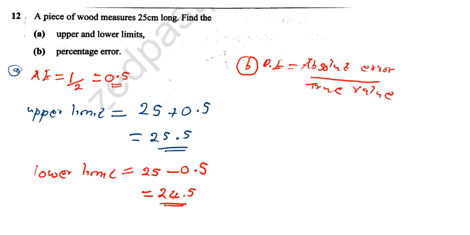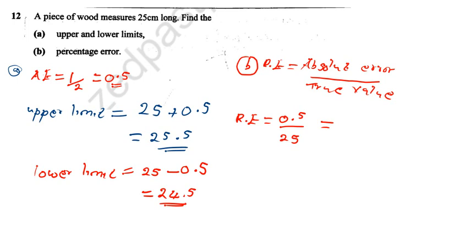So relative error is equal to absolute error. We found 0.5, and then over the true value, which is 25. So we divide 0.5 by 25. You can multiply by 10, since I have one decimal place here, so that you work with whole numbers.